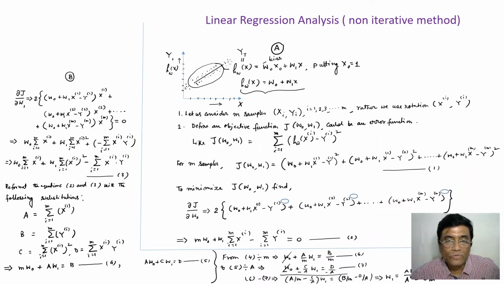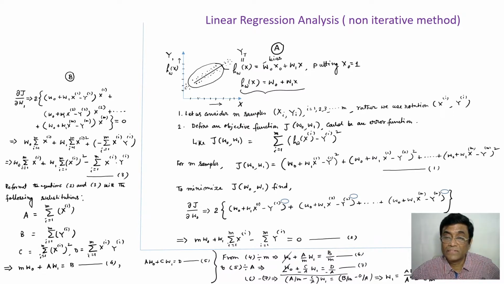So ground truth is y, and the theoretical truth according to my design is h(x) with parameters w, which in this particular example has two parameters that are yet unknown to me, w0 and w1. Is it clear? Now let us consider that we have m number of samples.